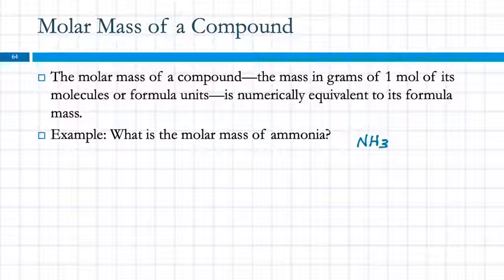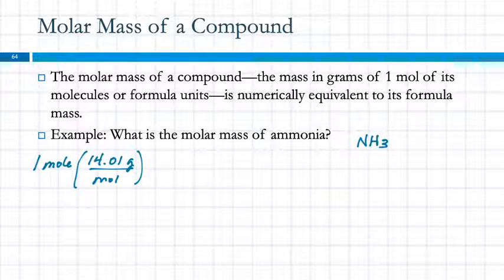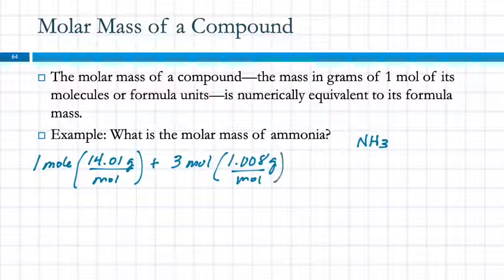So I have, in 1 mole of that, I have 1 mole of nitrogen atoms, right? And nitrogen atoms weigh 14.01 grams per mole. And I have 3 moles of hydrogen atoms, and hydrogen atoms are 1.008 grams per mole. So if I write it with units like that, then moles cancel out.